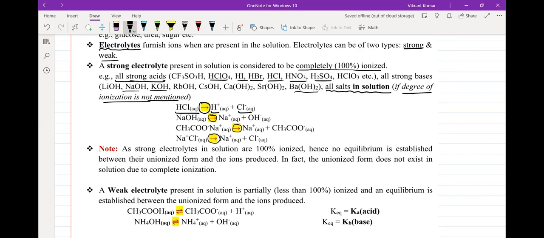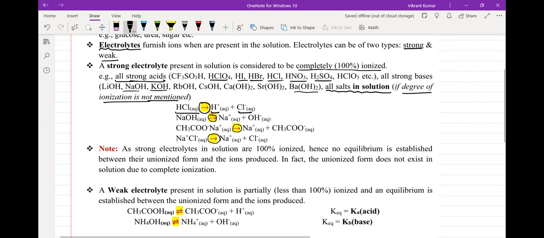If it is mentioned, say it is only 80% ionized in the solution, then we'll consider that it has become weak. Anything having ionization less than 100% will be considered a weak electrolyte. Weaker and stronger can vary, but anything not having 100% ionization will be considered a weak electrolyte. Simple. Okay? Is it okay?